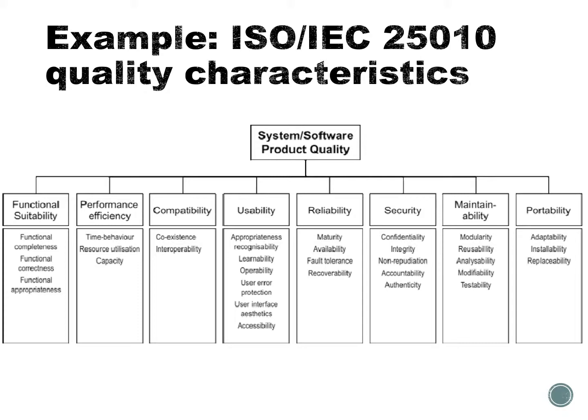And for understanding how the different quality characteristics work, there's, for example, the ISO/IEC 25010 quality characteristics model, which defines quality in use and product quality with the different attributes and sub-attributes or quality characteristics.